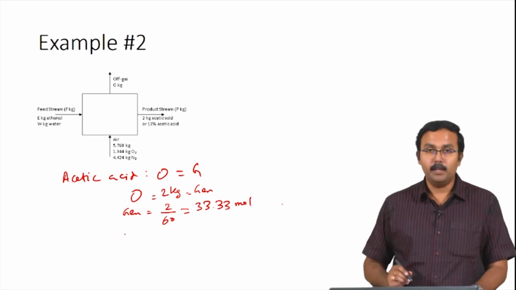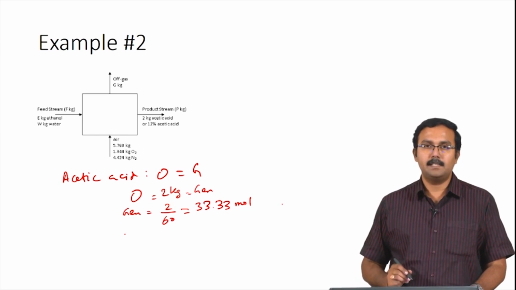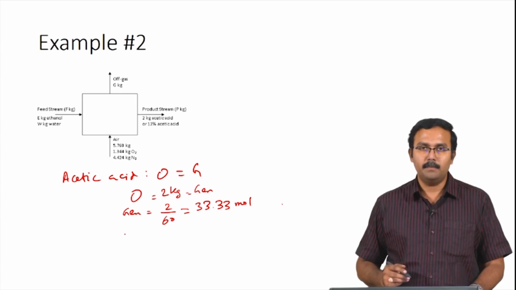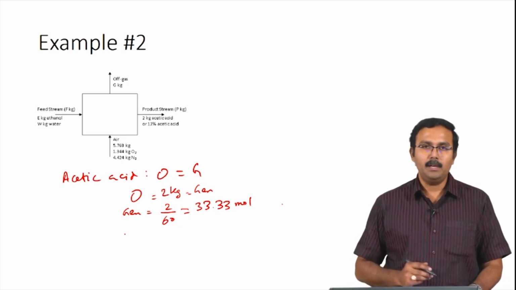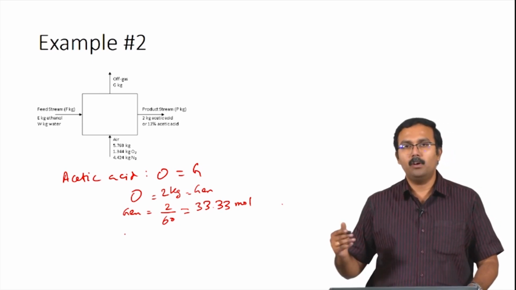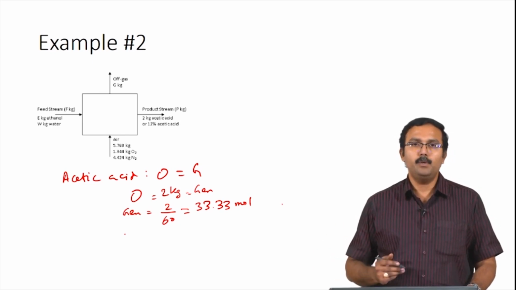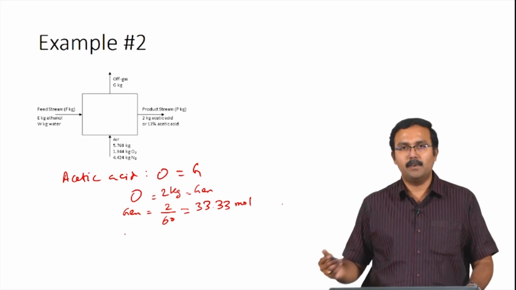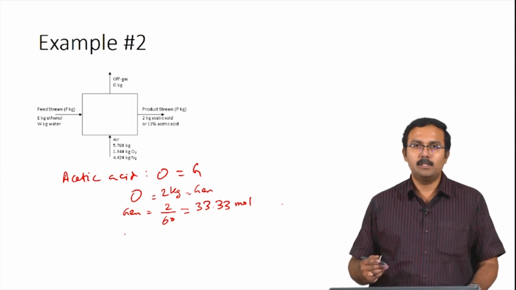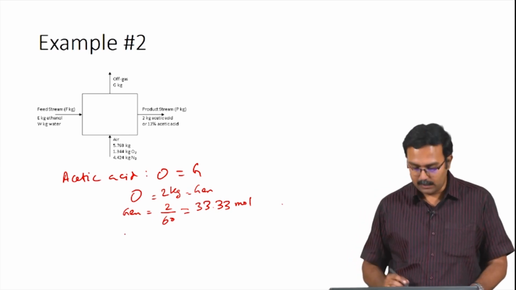So, 33.33 moles of acetic acid is generated during this process. Based on the stoichiometry, we know that 1 mole of ethanol which reacts forms 1 mole of acetic acid. So, to produce 33.33 moles of acetic acid, the minimum amount of ethanol which is required is also 33.33 moles.